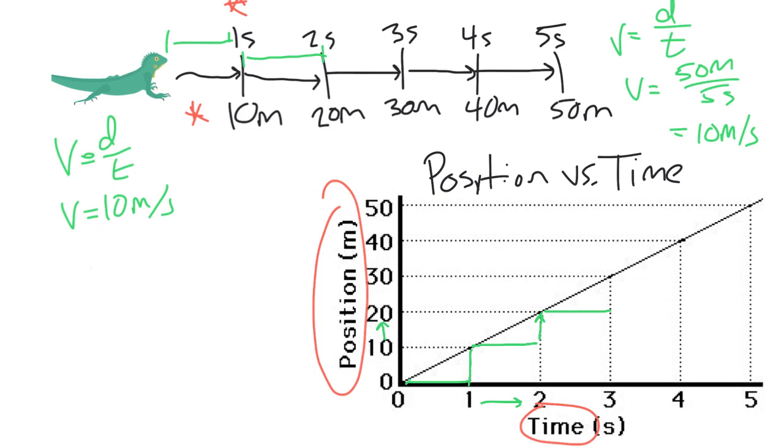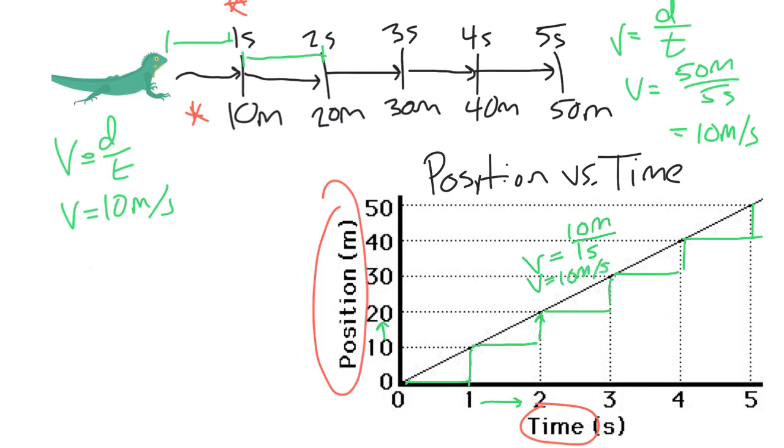As I go 1 second, 10 more meters. 1 more second, 10 more meters. 1 more second, 10 more meters. And I can do the same thing across my entire graph. So actually I can say each increment, he moved 10 meters in 1 second. And so he had a velocity in each of these intervals of 10 meters per second.